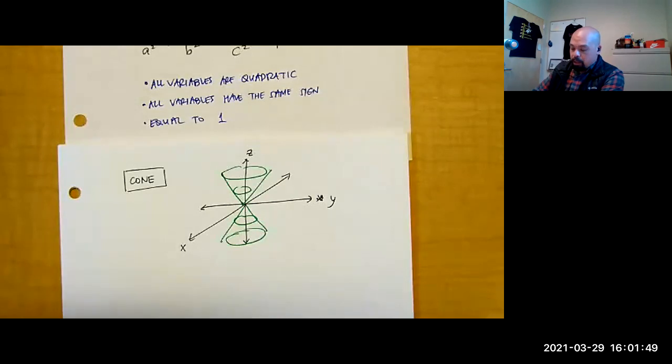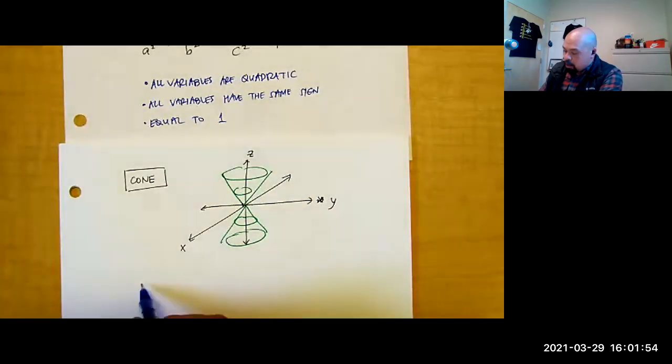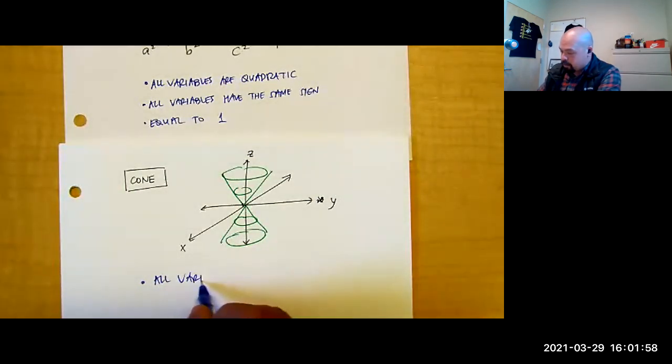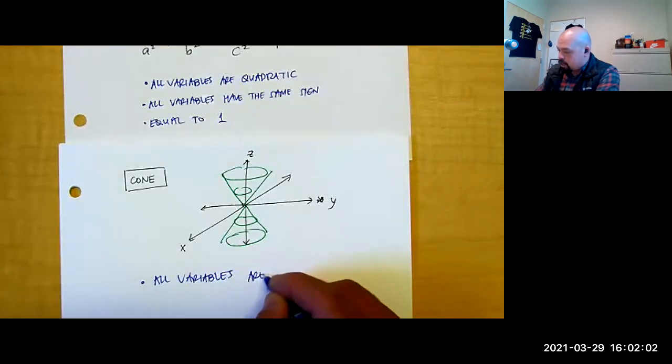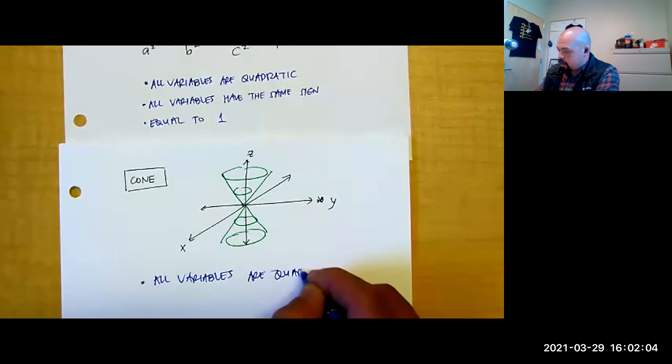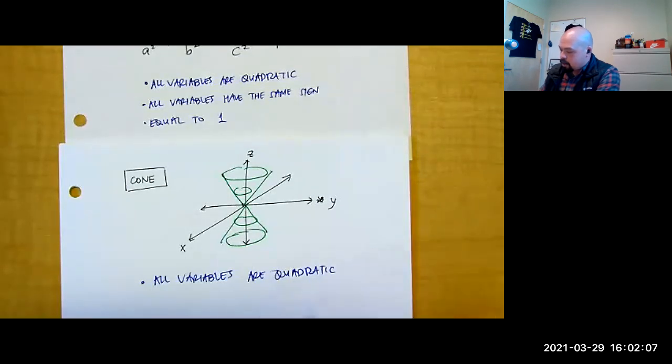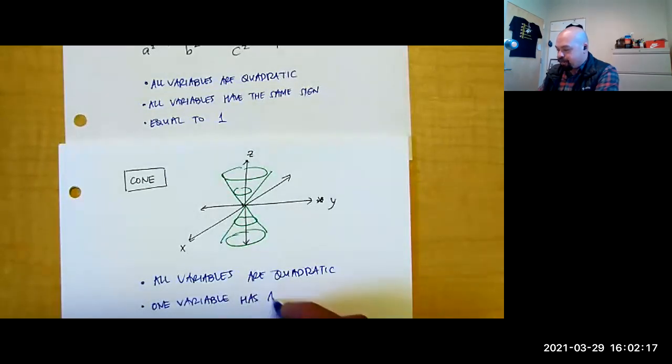Okay, so in this case, for the cone, let me start off with this discussion. For a cone, what we're going to see, again, is all our variables are quadratic. But in this case, we'll see that one variable, one of those terms, has a different sign.